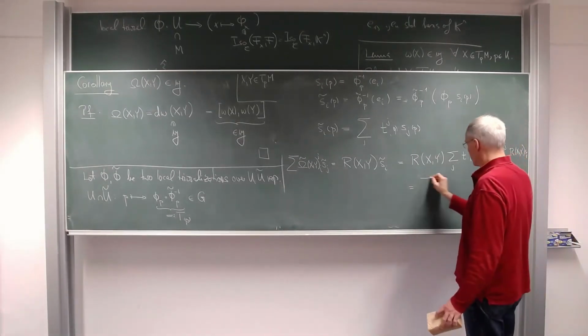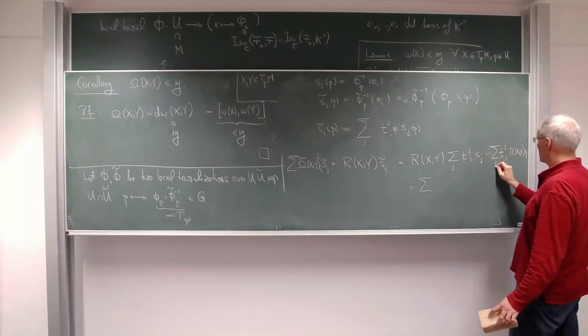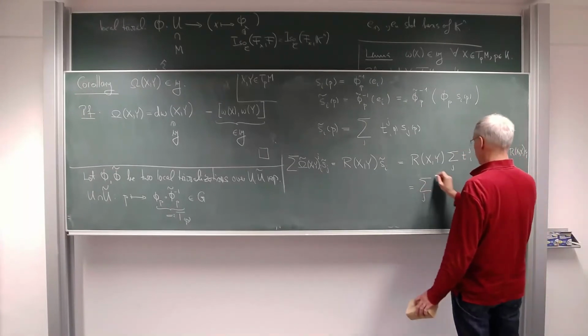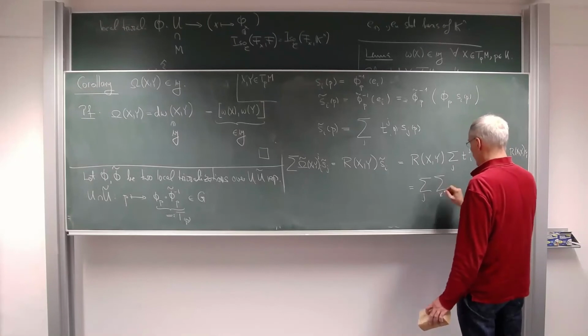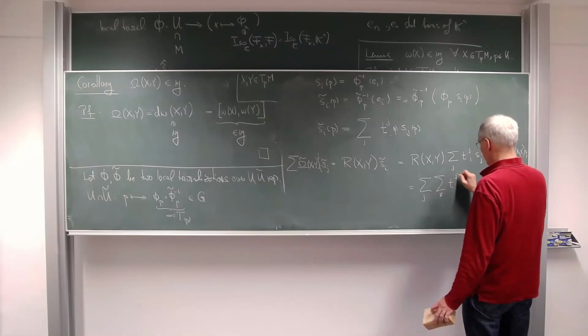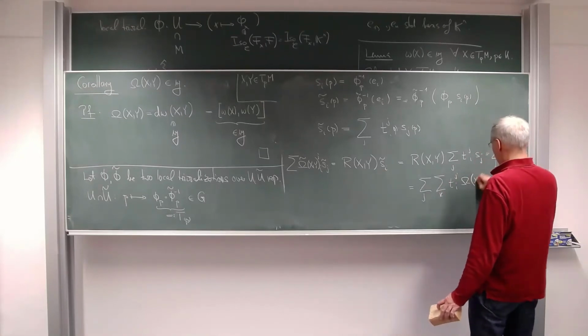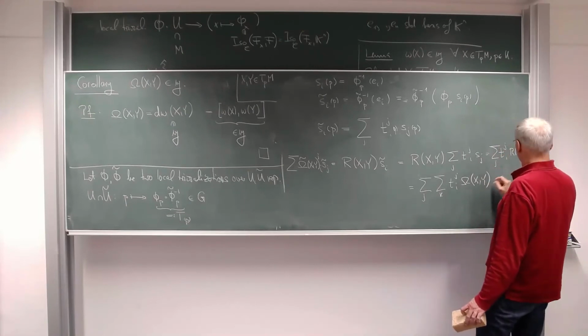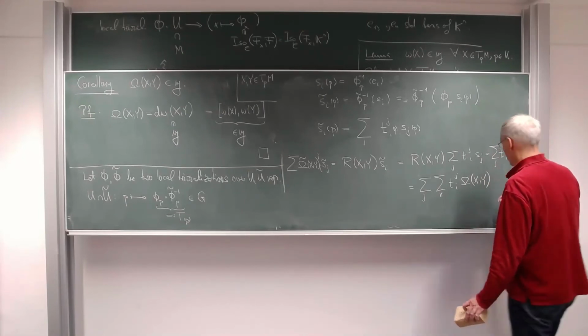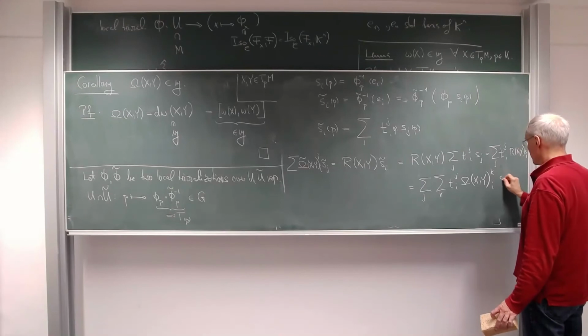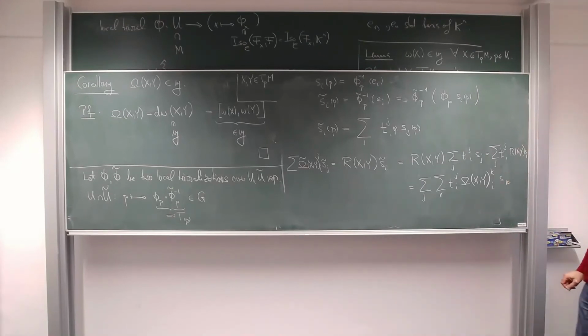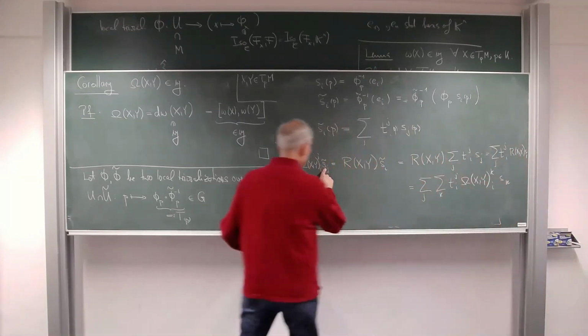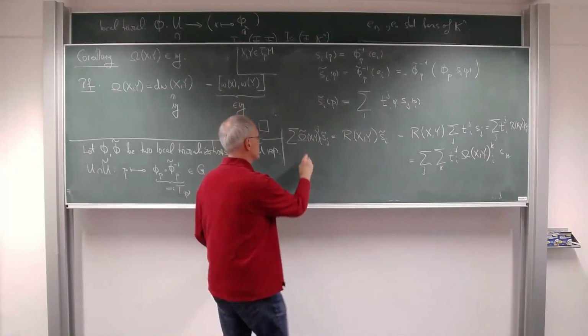So this is the sum over j, sum over k, t_ji omega(X,Y)_ik s_k. And on the other hand, this can be expressed in terms of the untilted frame too.